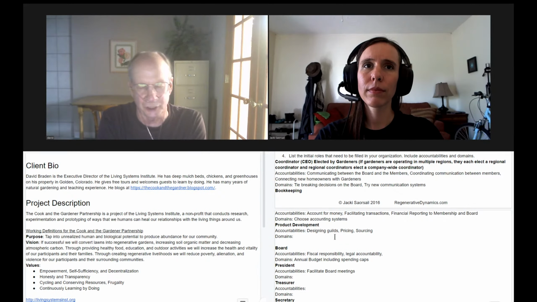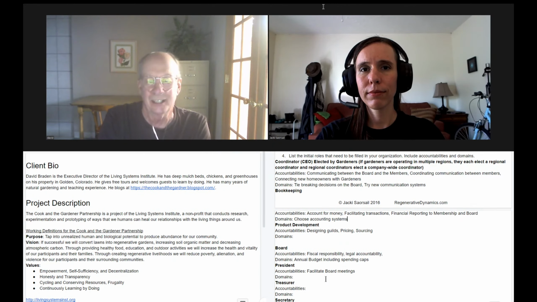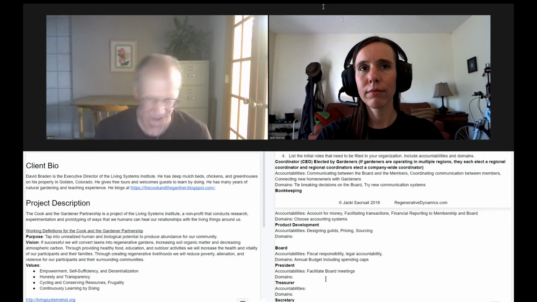This operation is going to differ from a typical cooperative or business organization in the goal of investing in the capacity to provide for the members those things that they need, those things that can allow them to reduce their cost of living, which is the food, shelter, learning, health, belonging, and purpose.